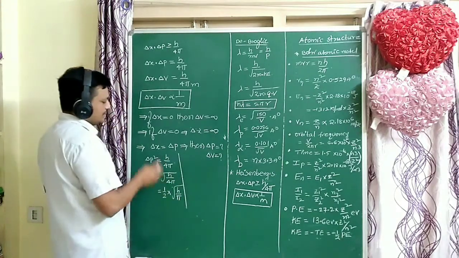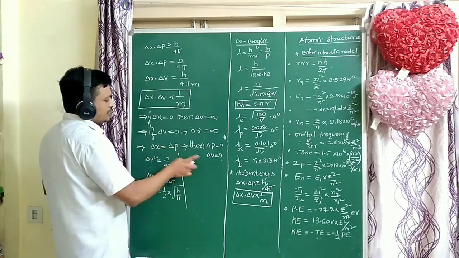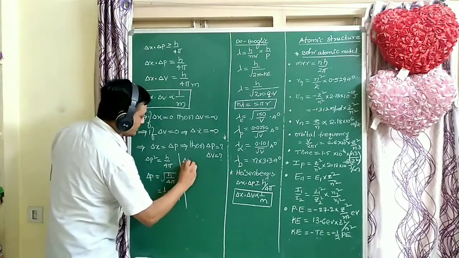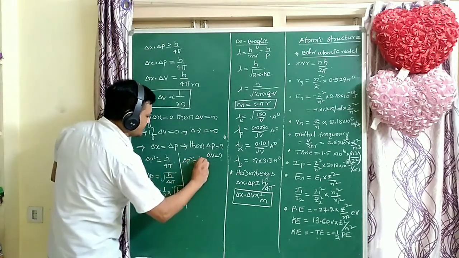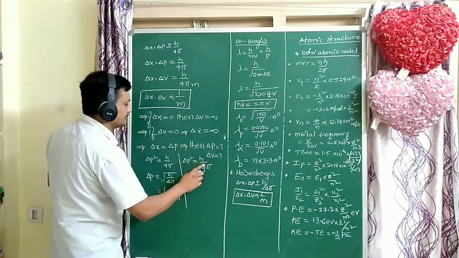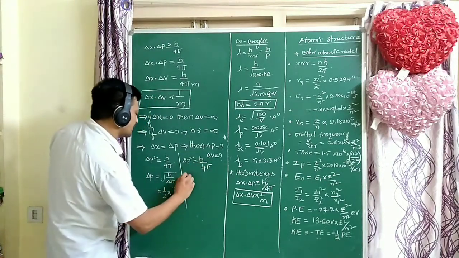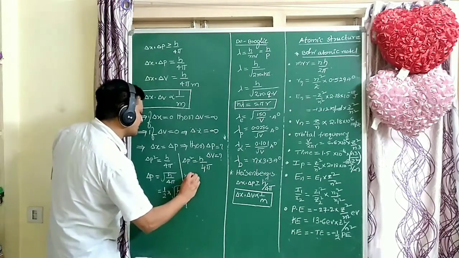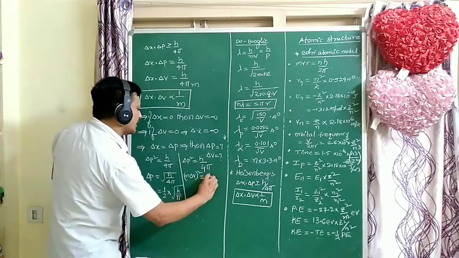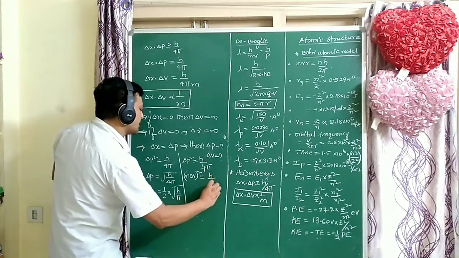And next, delta x equals delta p, what is delta v? Delta p whole square equals h by 4 pi. Here delta p means m into delta v, whole square, equals h by 4 pi.